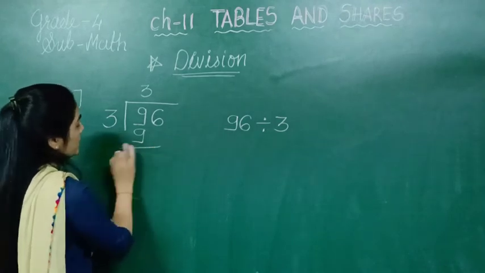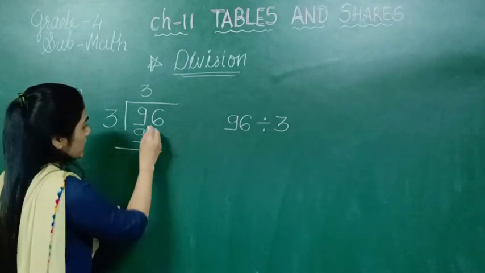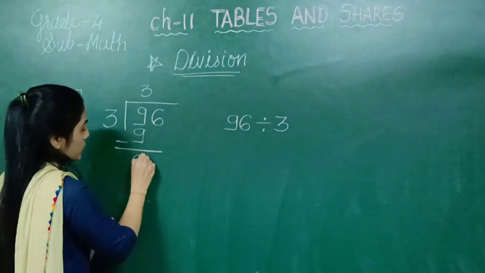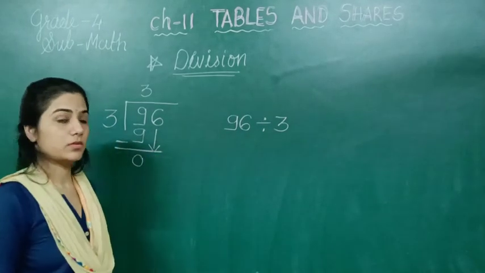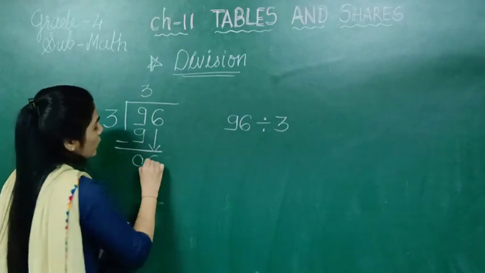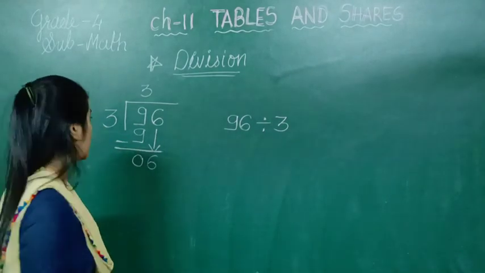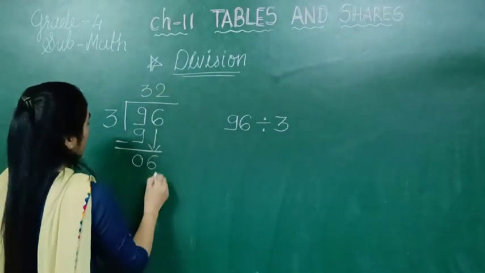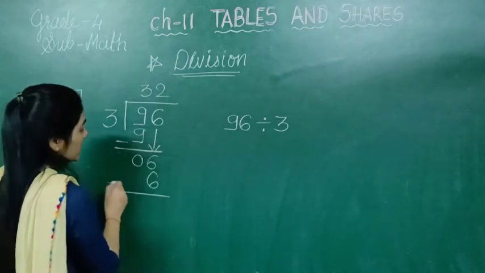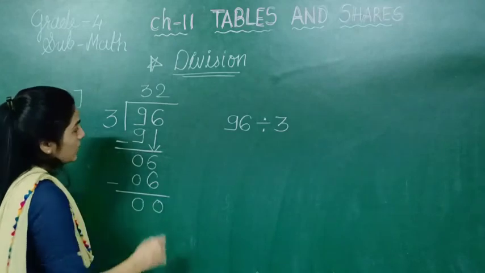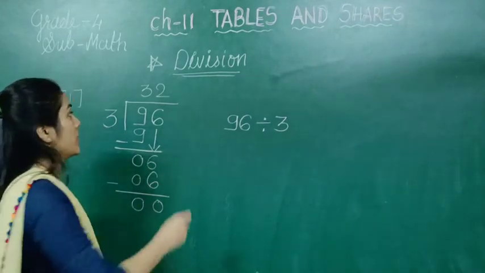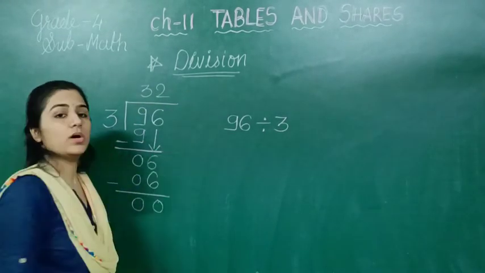Now here we do subtraction. 9 minus 9, 0. 6 we put down. Now 6 comes in the table of 3, 3 2s are 6. So 6 minus 6, 0. So this is your division sum, and 32 is your answer.